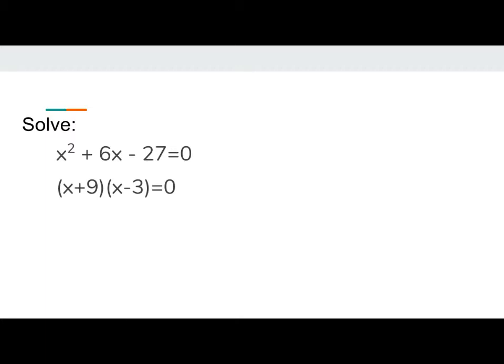Once I've factored it, I can use the zero product property to say if x squared plus 6x minus 27 equals 0, and I want to solve for x, one of these two factors has to be 0 to make that product equal 0. So either x plus 9 equals 0 or x minus 3 equals 0.